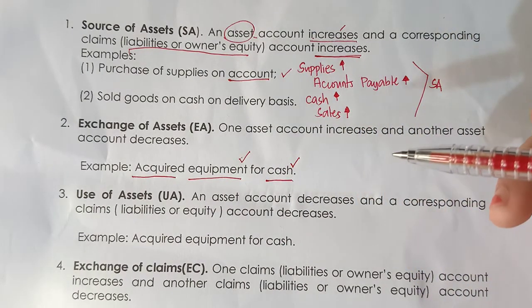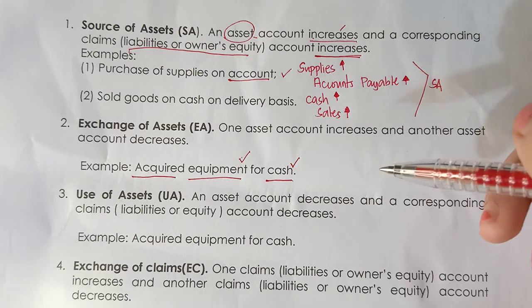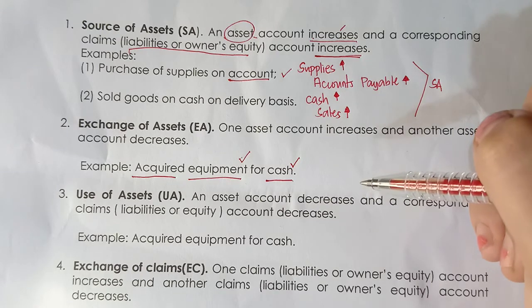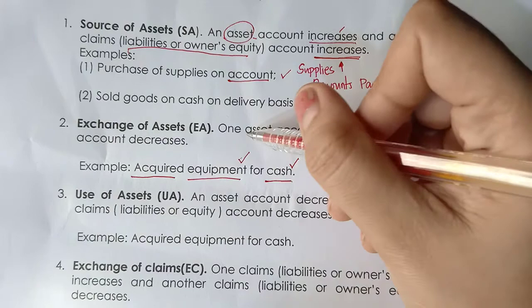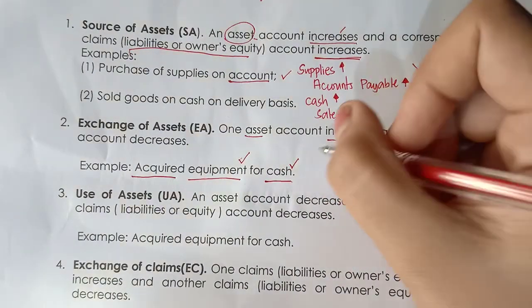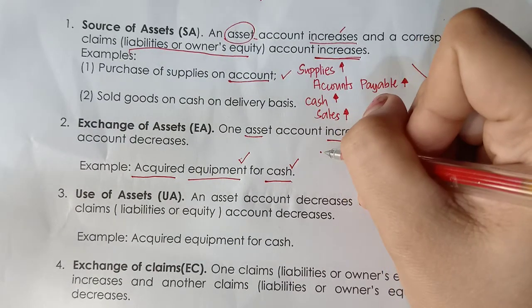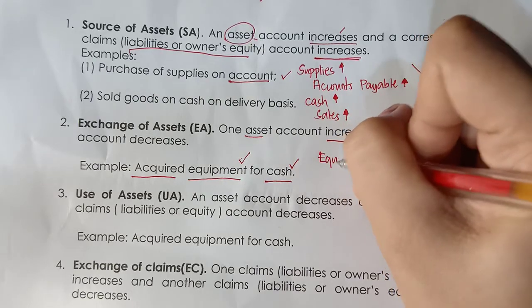Therefore, dalawang account titles ang naapektuhan and those account titles are all assets. So, one asset account increases. So, saan ang nag-increase? Di ba yung equipment? Because bumili tayo ng equipment, therefore, meron tayong equipment. So, increase equipment.